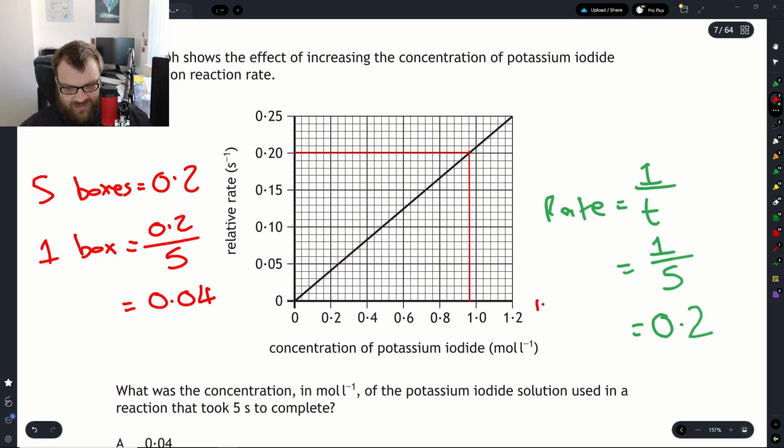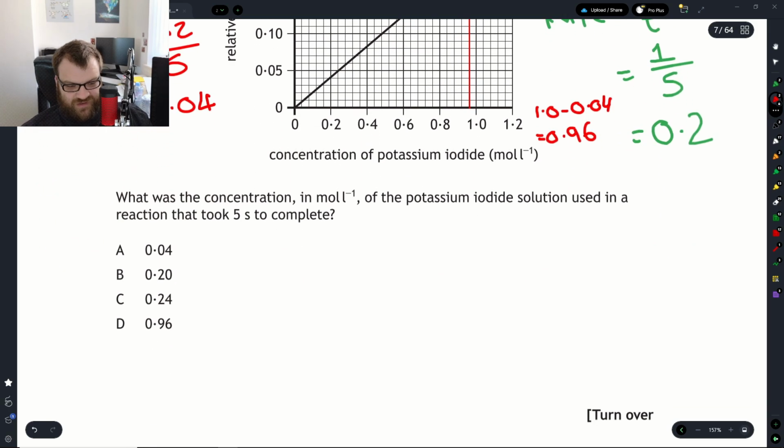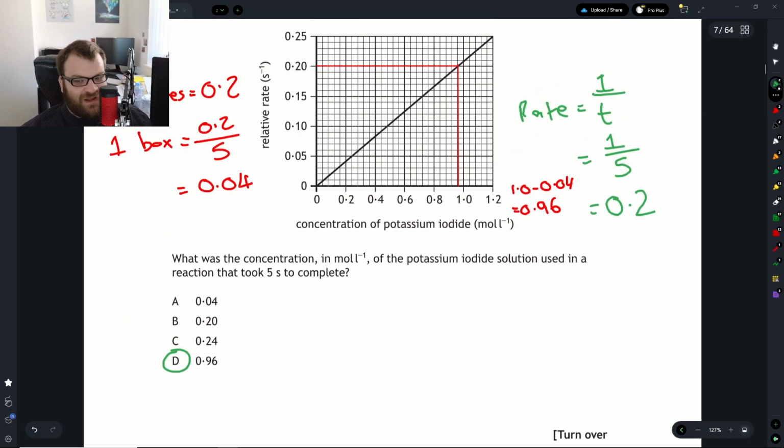So to get our answer, we can do 1.0 take away 0.04 equals 0.96. Shuffle down and we find an answer that matches that, giving us our answer. With this particular question, if you look at the options we're given, we know we're close to 1. E is the only value that's close to 1, so that could give you your answer as well.